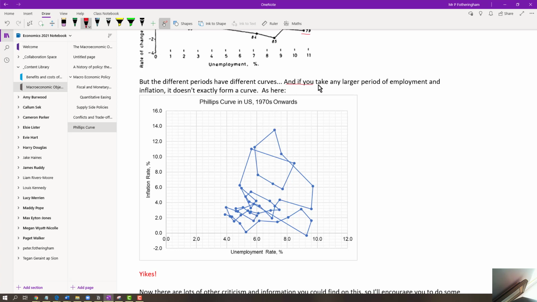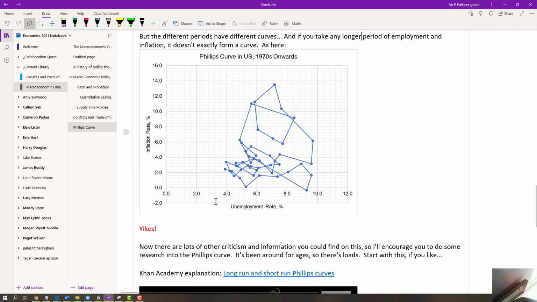So if we take any longer period of time or a more modern period, we lose the ability to identify the notion that it could be a curve. And so that's one of the criticisms. The criticism is that the Phillips curve used to work, but now it doesn't. The Phillips curve works for small periods of time, but it doesn't work for longer periods of time, and so on and so forth.